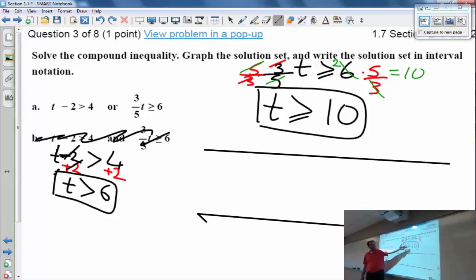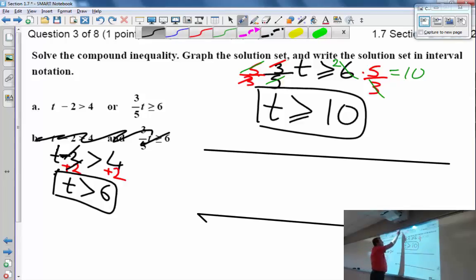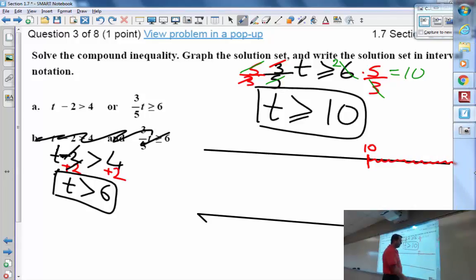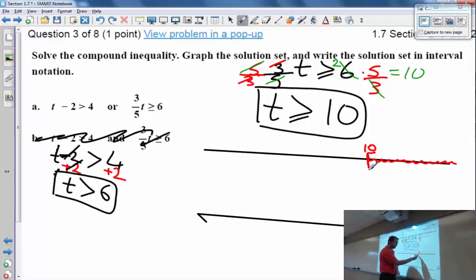All numbers either equal or more: you start with 10 and count forward. If this is 0, 10 is here or more. Shall we include 10 or exclude 10? Include, so a bracket, because it is more than or equal to 10.